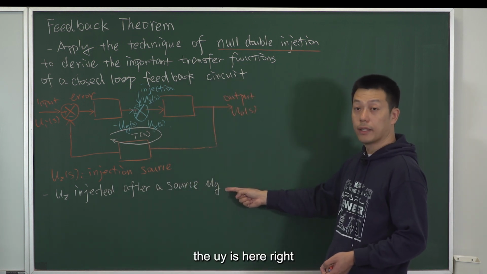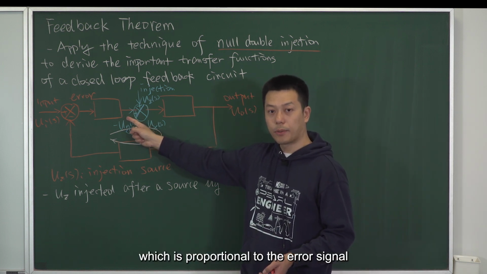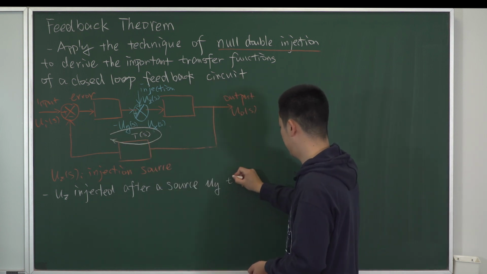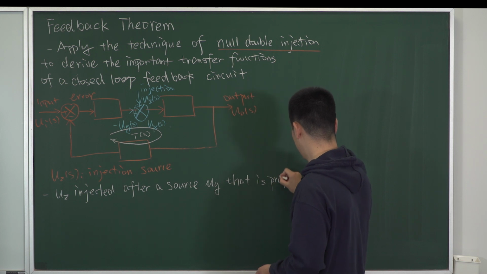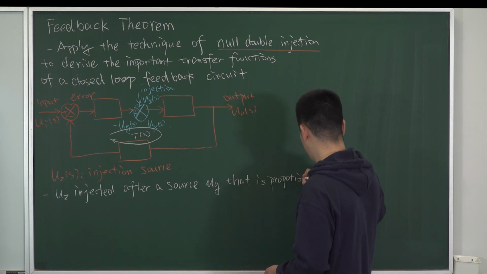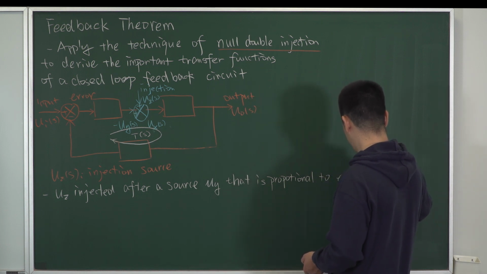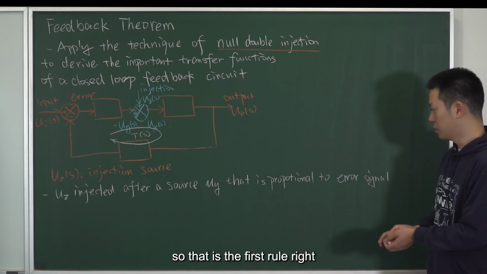The UY is here, right? Which is proportional to the error signal. So that is the first rule.